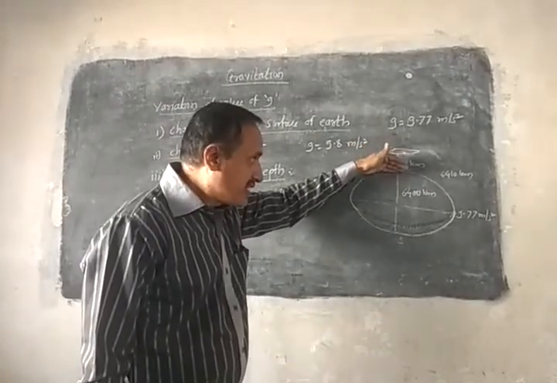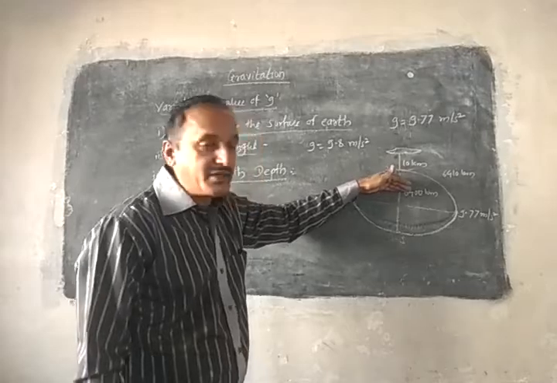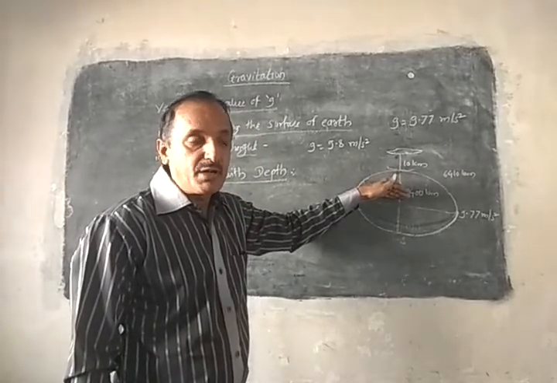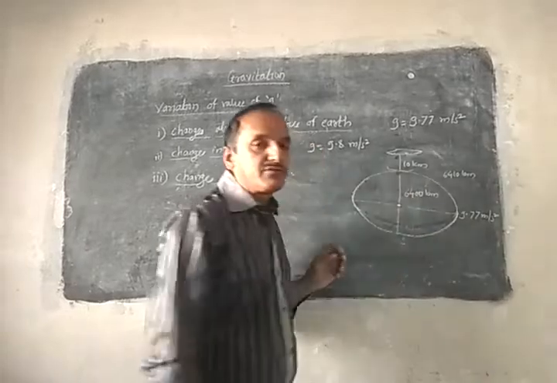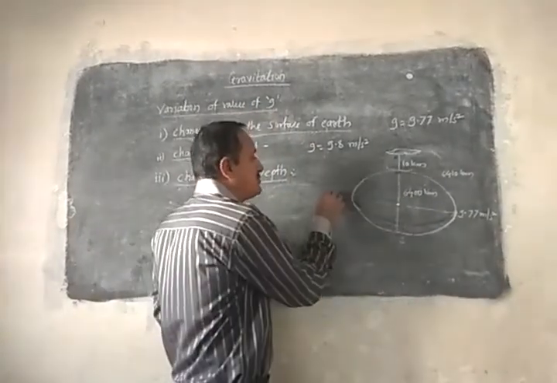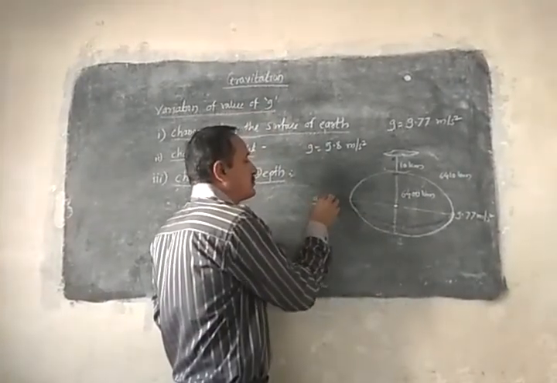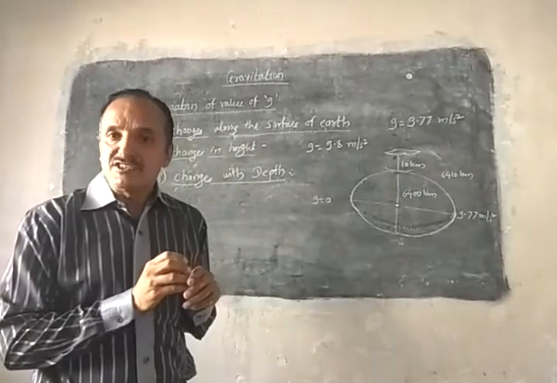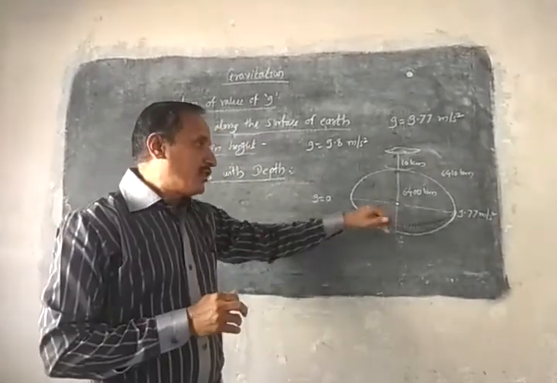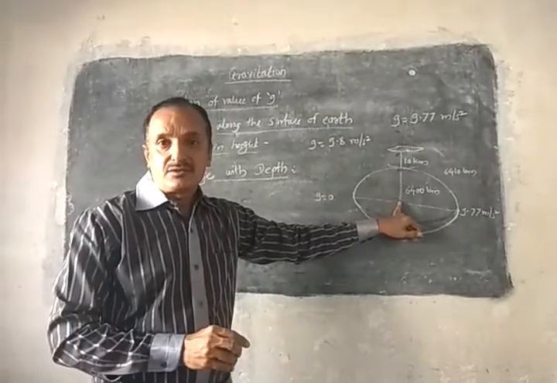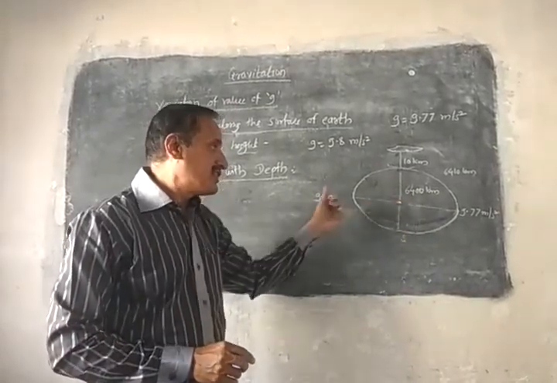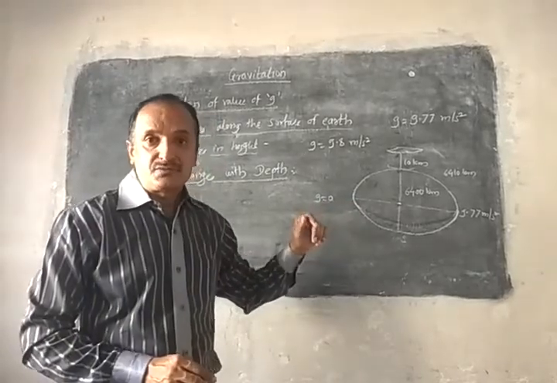If you bring that object near the center of the Earth, the value of g becomes 0. Why 0? Because there is no gravitational force there. So the value of g becomes 0.